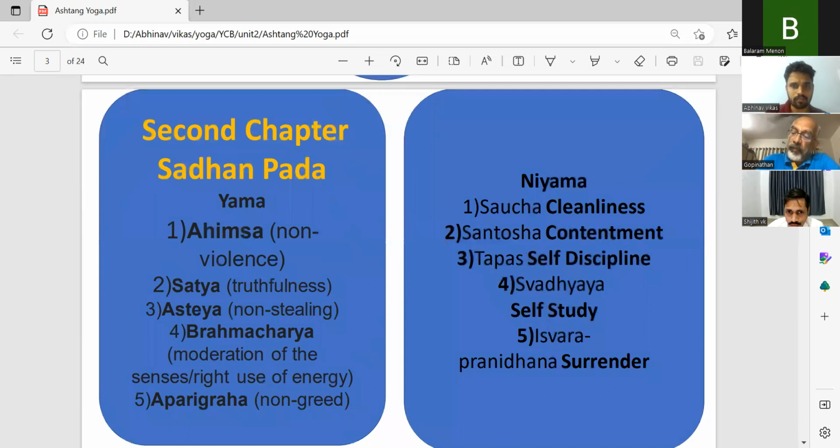See the second chapter, Sadhana Pada. Sadhana means practice. In the first chapter, you have seen Samadhi. It tells about what is yoga, chitta, vritti, nirodha, and different types of samadhis, sampragnata and asampragnata.